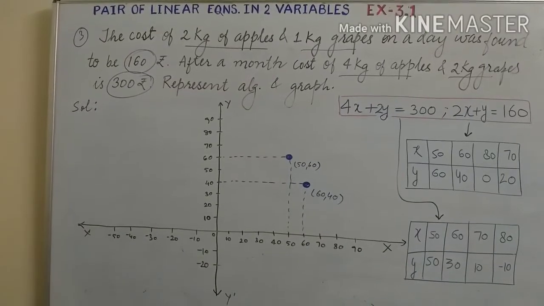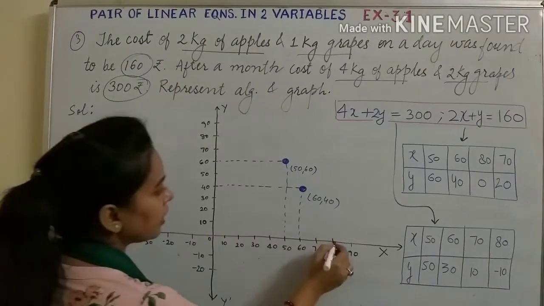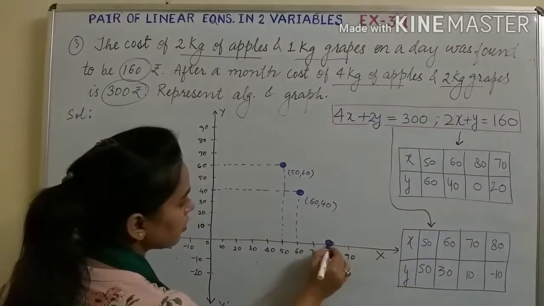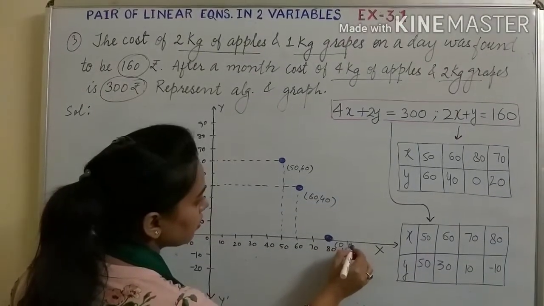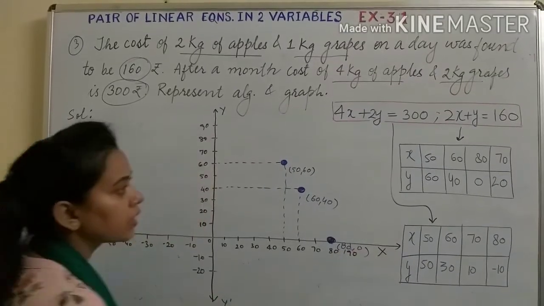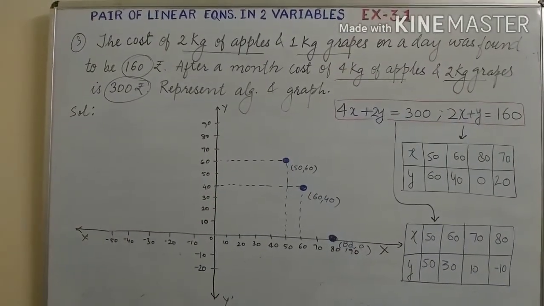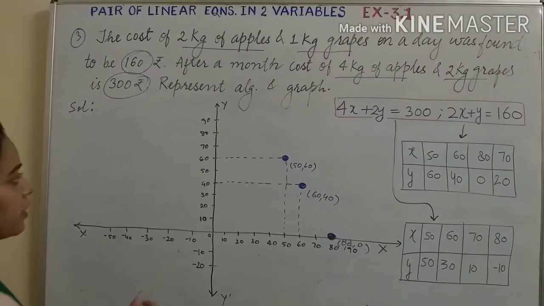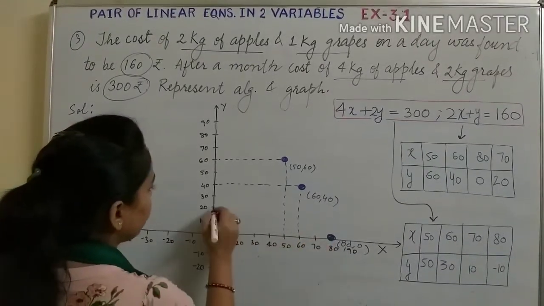Next is x 80 for y 0. Y is 0 and x is 80. Okay, and the next one is x 70 for y 20.